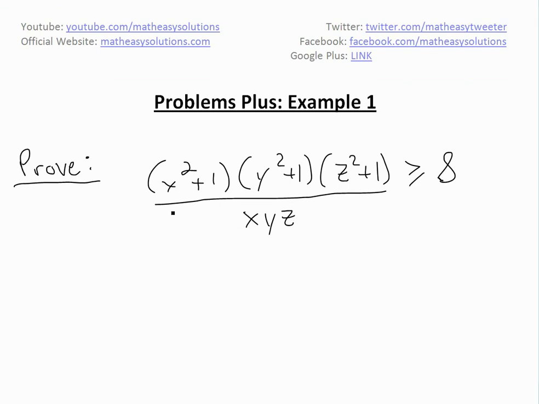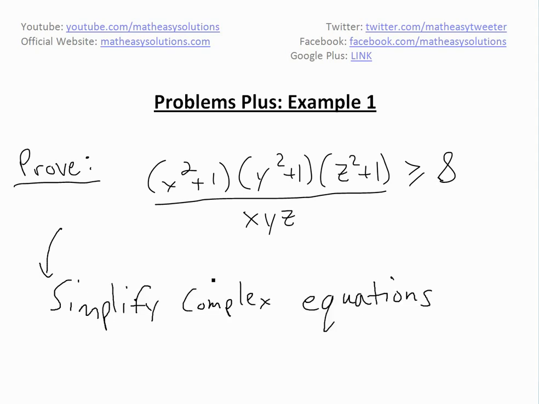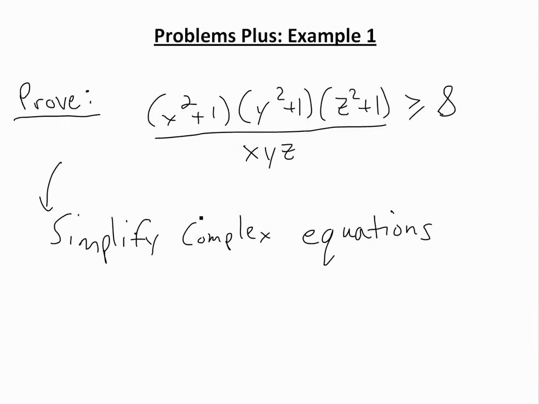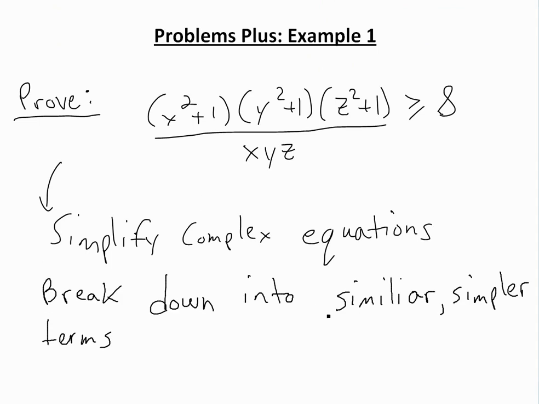What you're supposed to do in this one, this looks really complex. The idea the calculus book is trying to get across is to simplify complex equations, and what you have to do is break it down into similar and simpler terms.